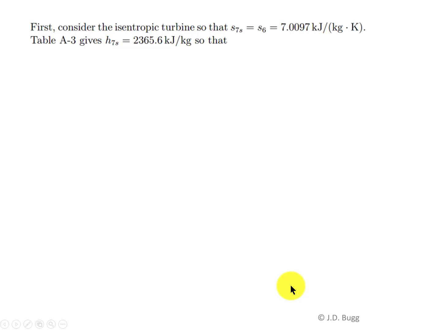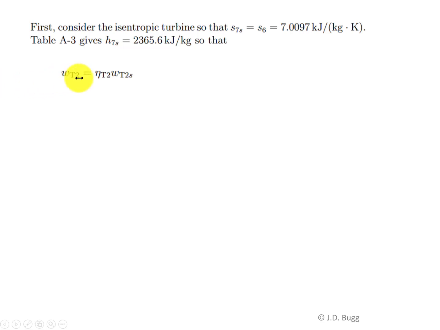So that is the entropy at the inlet to the second turbine. So now we can look at the isentropic turbine, and we say that S7S is that same value that we just found, but down at point 7 we also know the pressure is 30 kPa. So with the pressure and the entropy, table A3 will give us the enthalpy of the ideal exit of 2365.6. So we proceed much the way we did for the first turbine.